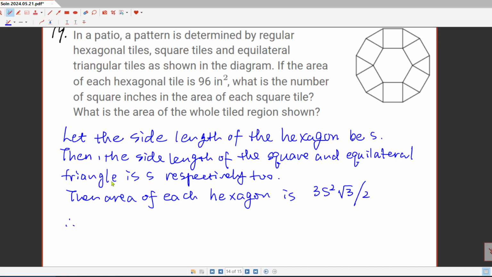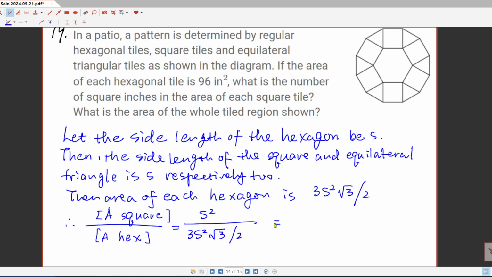Therefore, the ratio of the area of a square to the area of a hexagon can be calculated as S squared over 3S squared root 3 over 2, and this gives us 2 root 3 over 9, right?